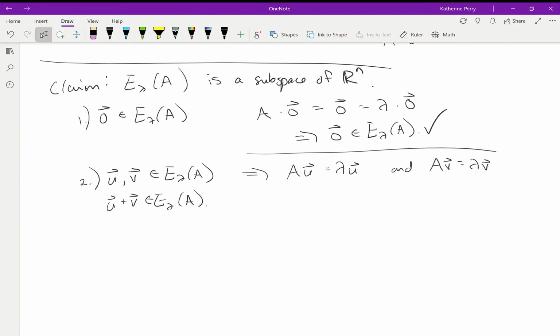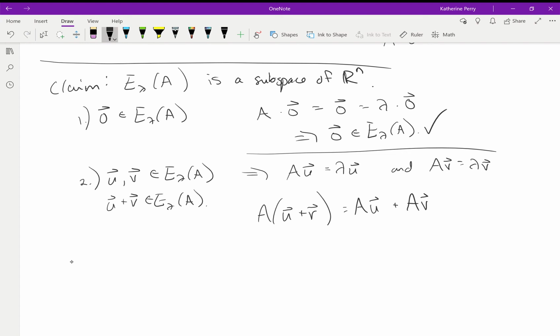Okay, but now I want to show that U plus V is in my space. And to do that, I just need to show that A times (U plus V) is equal to lambda times (U plus V). And I can't do that right away, but I know that if I take A times (U plus V), that's equal to A times U plus A times V, since this multiplication of A times a vector has the distributive property.